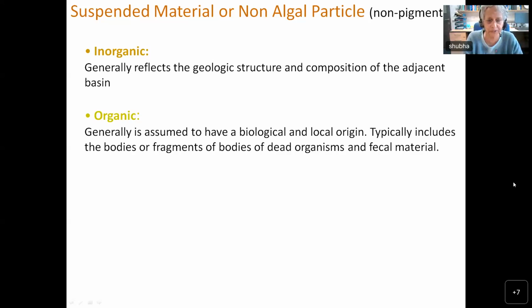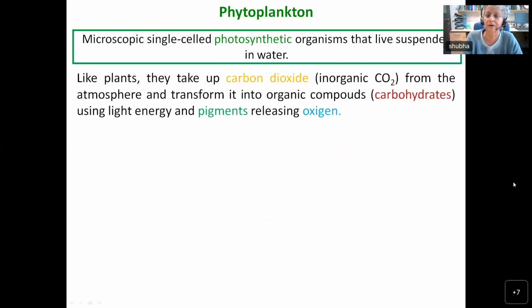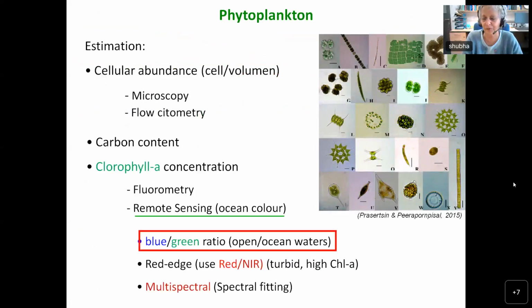So if you want to think about whether a satellite can see something or other, try to think about what optical signature it might have. What is the magnitude of that signature? Is it close to the surface? And are you likely to see it from space?